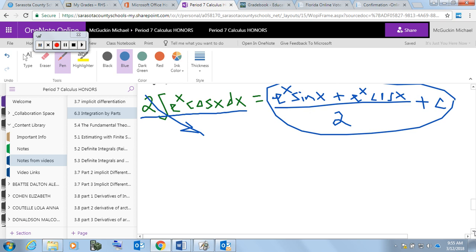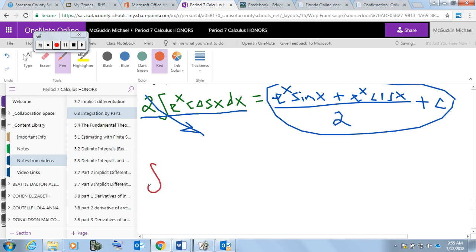So I want you to go ahead and give one a shot on your own. Let's take a look. Let's go ahead and look at the integral. So you want to do the same concept.